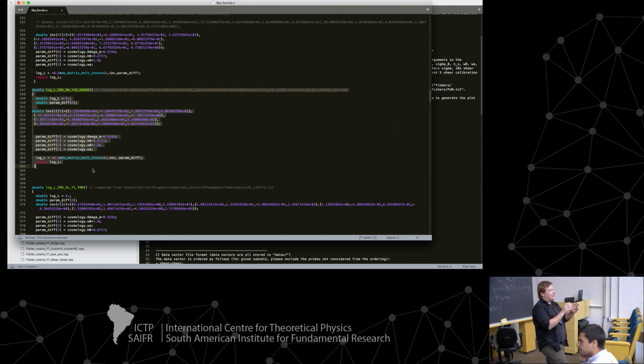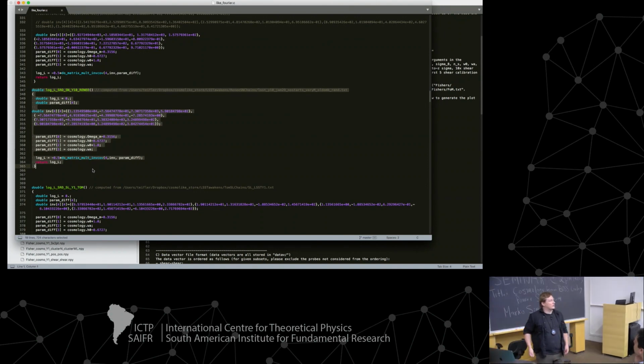At that point, you have to tweak things, and you have to somehow know what to tweak. It's very hard to give general advice on how to always get a good covariance matrix. So if somebody really wants to do that, they should come and talk to me or others. But I did not include this.